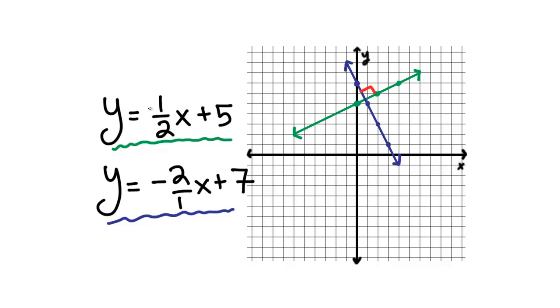And we know that one of the equations has a slope of 1/2 and the other equation has a slope that is the opposite reciprocal of the previous slope, which is negative 2 over 1, right? So we look at the slope here, it's 1/2, and this one here is negative 2 over 1, right? So we have two lines that are perpendicular to each other.